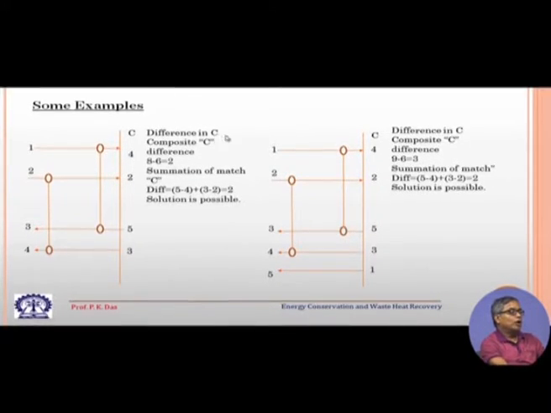So, the difference in composite C, what will it be? The composite C, on this side it is 8 and on this side it is 6. So, 8 minus 6, that is 2.